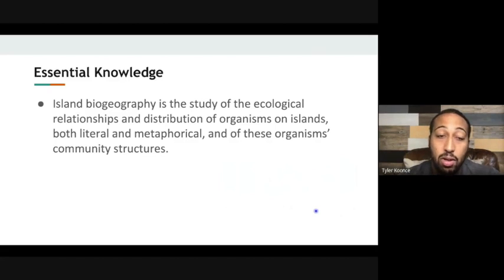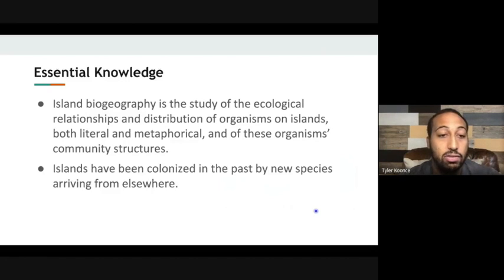With island biogeography, this is the study of the ecological relationship and distribution of organisms on islands, both literal and metaphorical, and of these organisms' community structure, so how their community is actually in place.